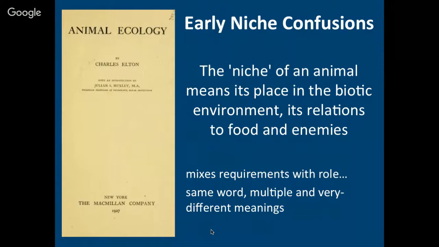And Elton instead says the niche of an animal means its place in the biotic environment, its relations to food and enemies. And so this is a very useful concept, but it mixes in the idea of role or interactions into the idea from Grinnell of requirements.